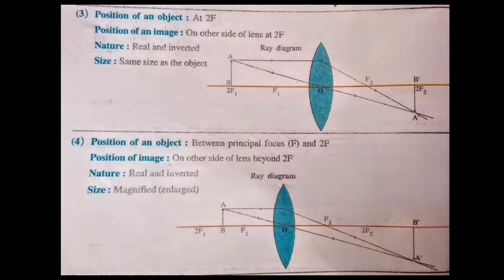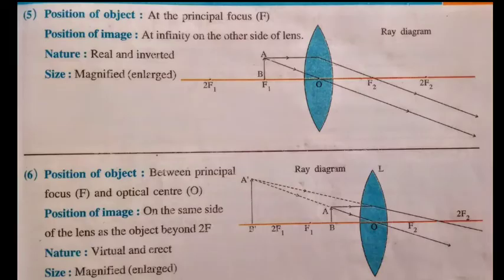Now let us take another condition of the object. If the object is kept at the principal focus, what is the position of the image? In that case, the rays coming from the object are incident on the lens, and after refraction all the rays become parallel to each other.